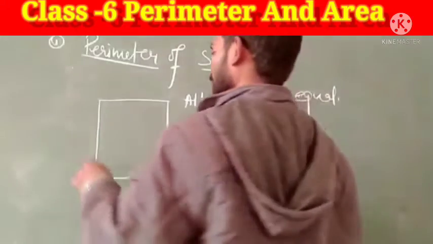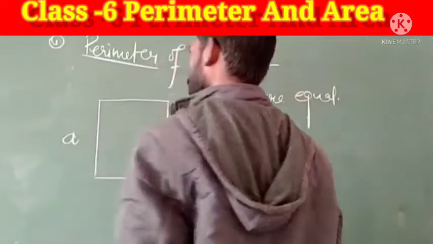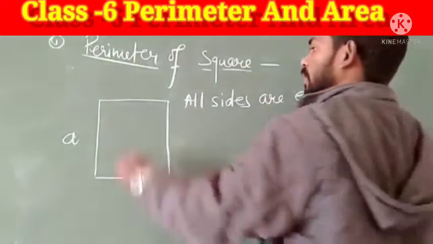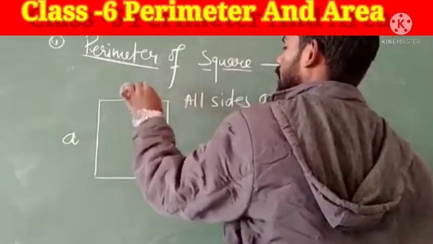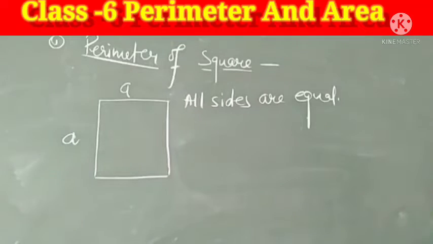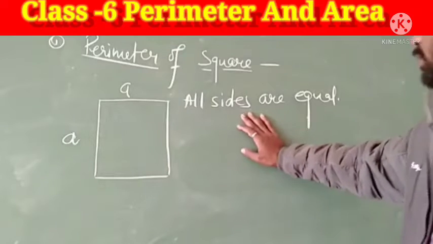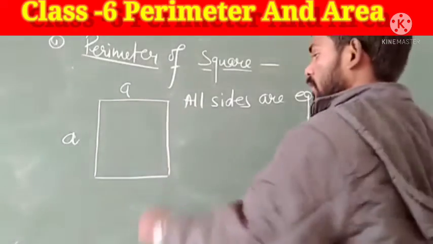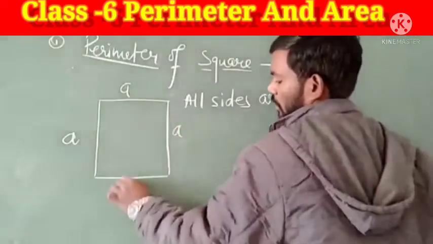Okay, so if I say that its length is a centimeter, then it is obvious its width is also a centimeter, and as it is written that all sides are equal, this will also be a and this is also a.